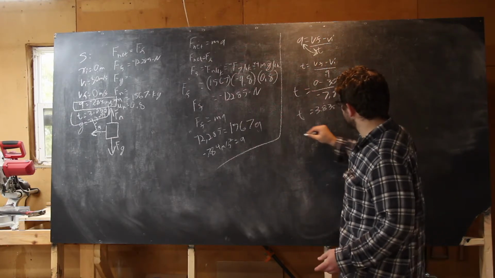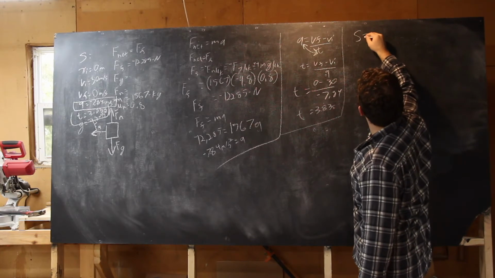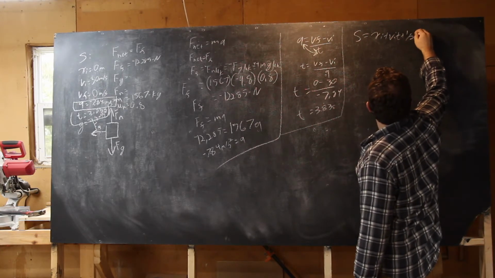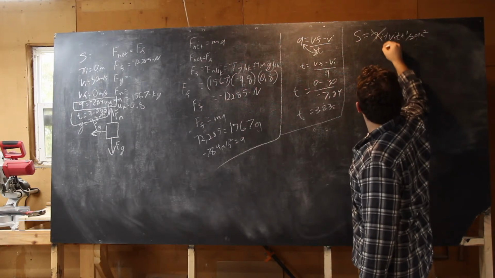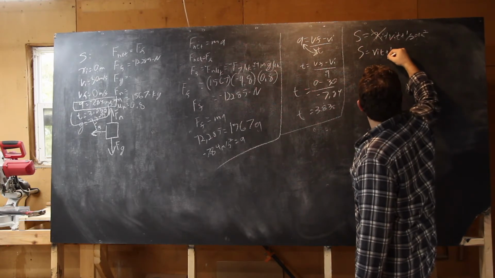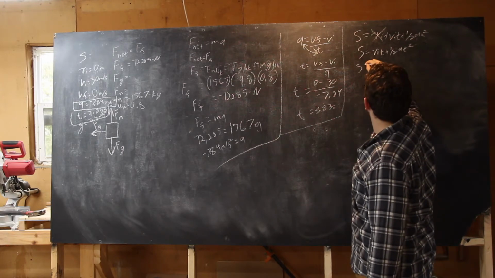Then the last thing we're asking is, what distance has he traveled in that time? Well, that's going to be our S equation, so we can use that to find the final position. S equals xi plus Vi t plus 1/2 a t squared. Well, my xi is 0, that'll drop right out. So then S equals Vi t plus 1/2 a t squared. S is what I'm looking for.